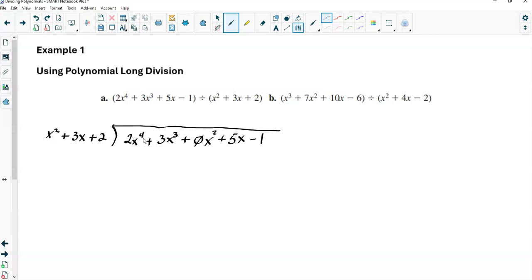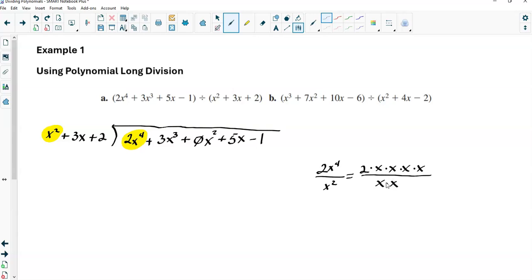Notice that you have 2x to the fourth power divided. The numbers that you care about are the first numbers. You want to divide this by this number and see how many times x squared fits inside 2x to the fourth power. To help you, here is what this means written in another way. 2x to the fourth power divided by x to the second power. That means you have 2 times x times x times x times x, which is your x to the fourth power, divided by x squared, which is x times x.